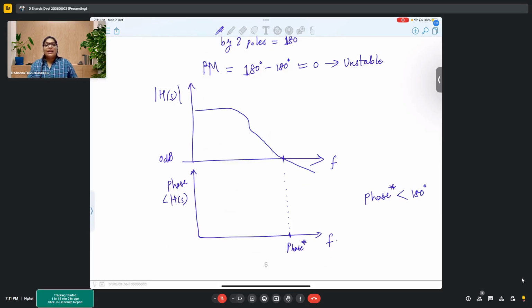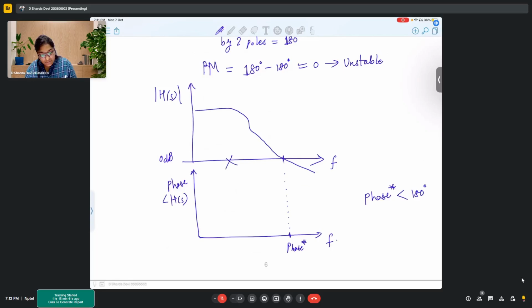Okay. If at this point my phase is less than 180 degrees, as I have to design my system, then my system would be stable.